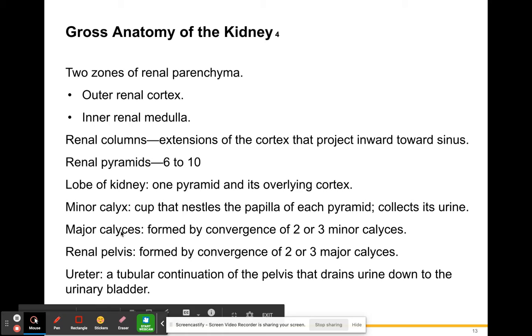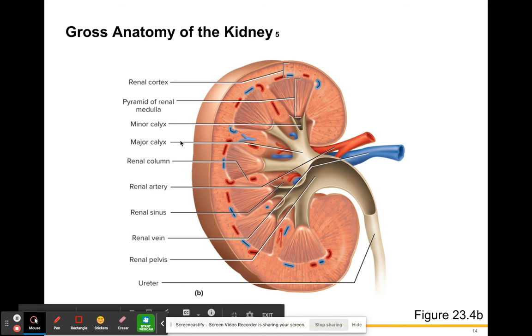So the minor calyces converge into a major calyx. Those major calyces converge into a renal pelvis, and the renal pelvis eventually goes into our ureter, which is where urine drains down into the bladder. Urine is going to get produced here. It's going to collect in these minor calyces, kind of like gutters, right?